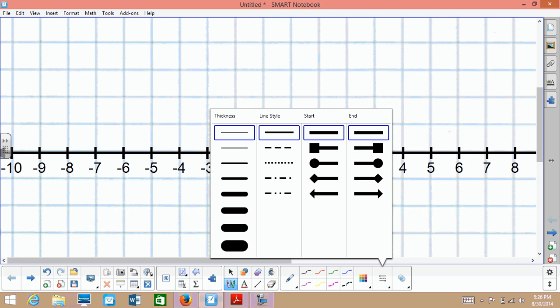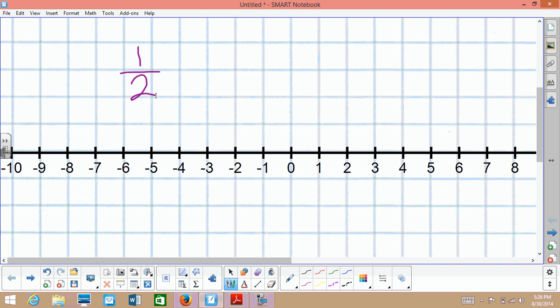For example, 1 over 2 is a rational number because the number on top is a whole number and the number at the bottom is also a whole number. The number on top, we call that the numerator, and the number at the bottom, we call the denominator.